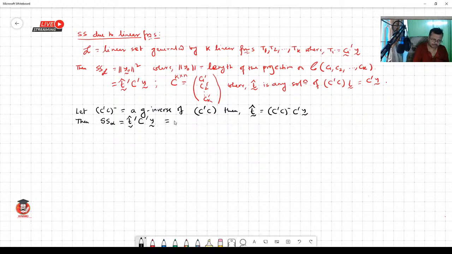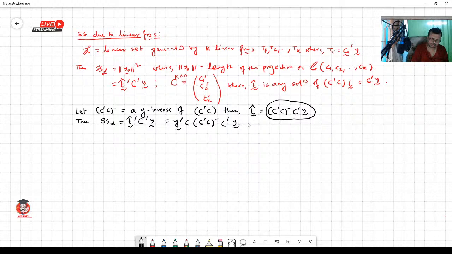This is equal to y curl prime C prime C G inverse C prime y curl.